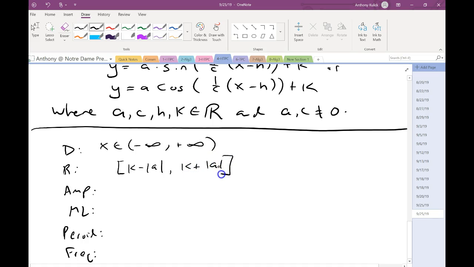So I have to take the absolute value of a to make sure that the order of the lower bound and upper bound still makes sense. So the old range was -1, 1. If I take -1, I multiply it by a and add k, I just get k minus a. If I take the upper bound, +1, multiply it by a and add k, I get a plus k. That's my range.